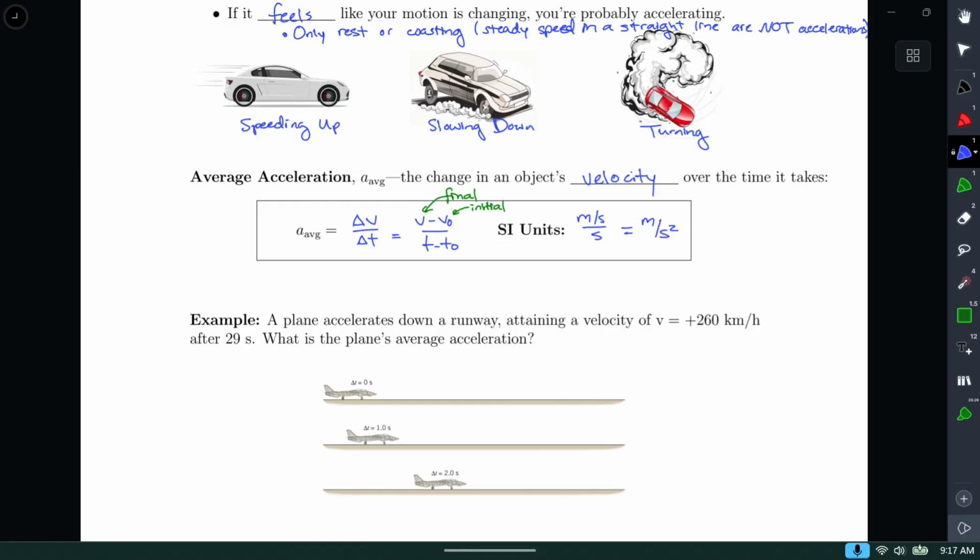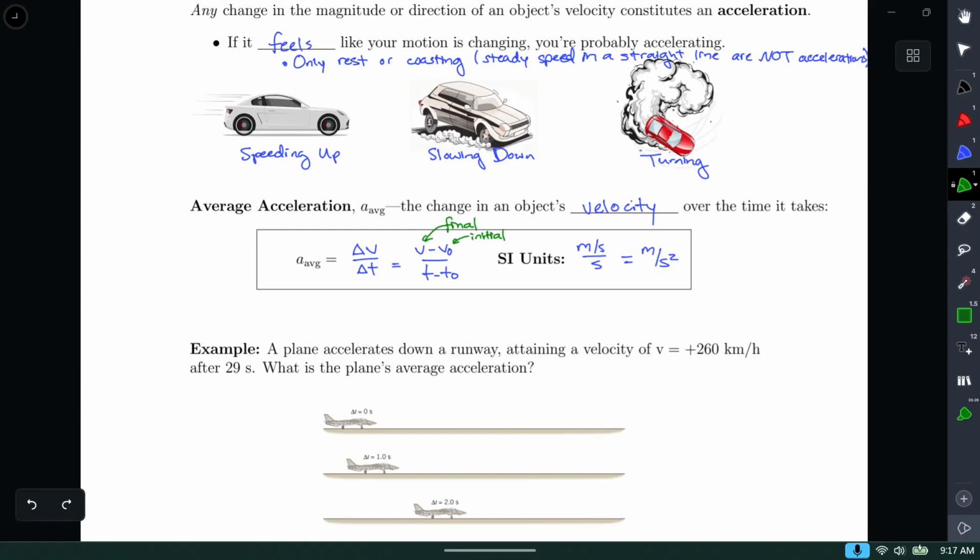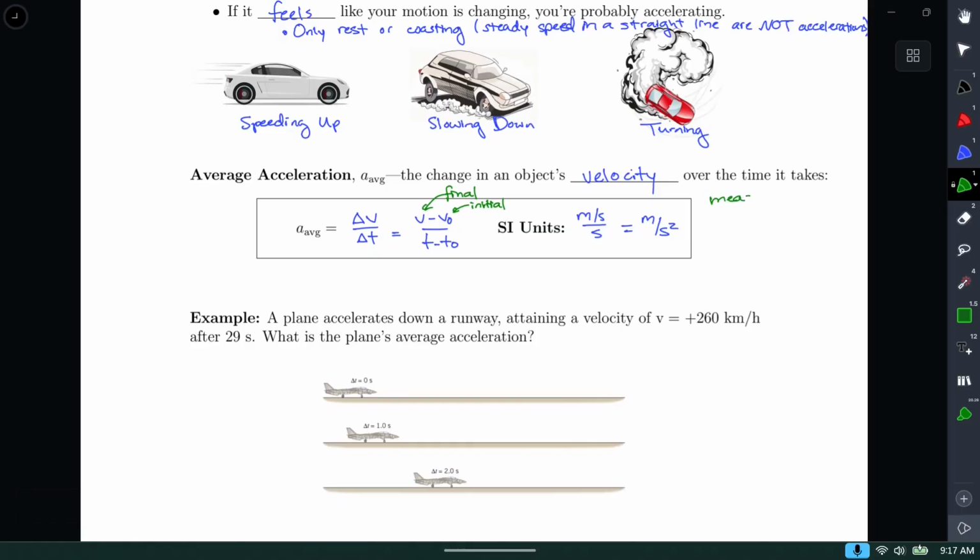It's a shorthand. You may find yourself someday saying, what is a second squared? And it's because it isn't anything. It's just a shorthand for meters per second that passes. So average acceleration is there to measure how sudden, or I would even describe it as how violent, the change in velocity is.